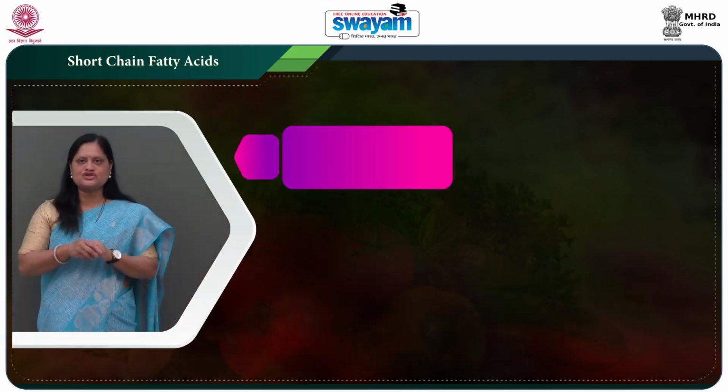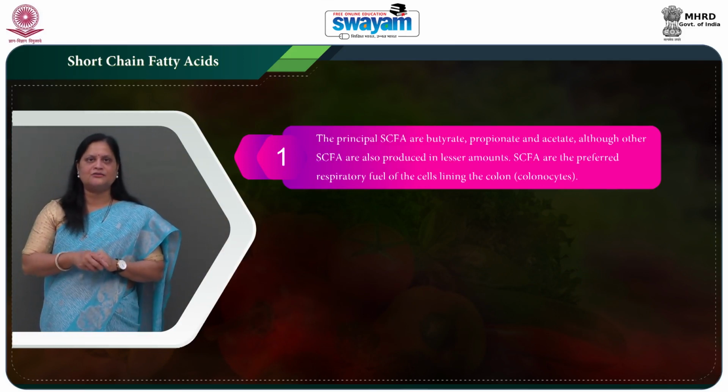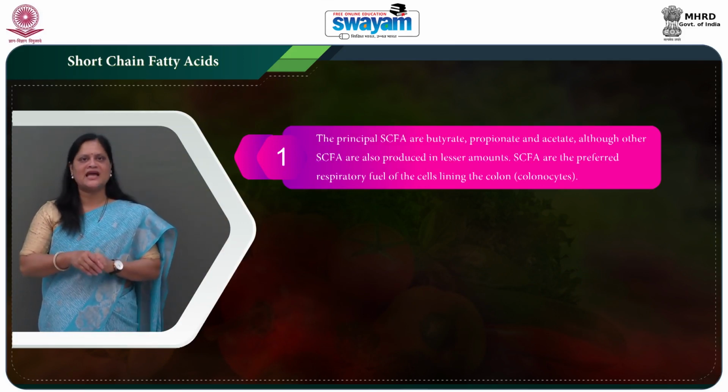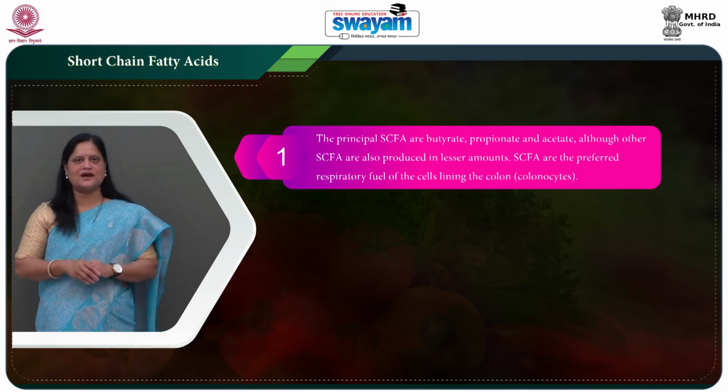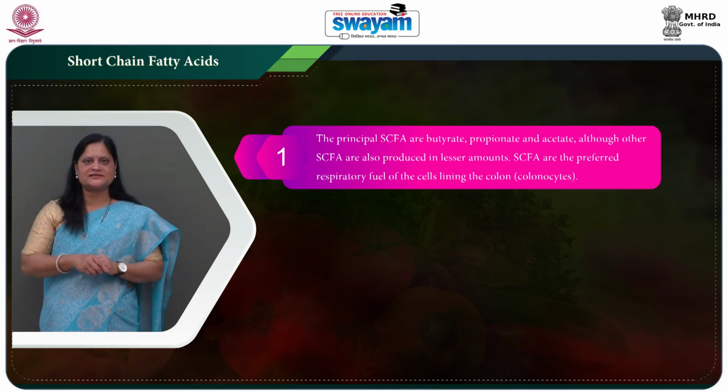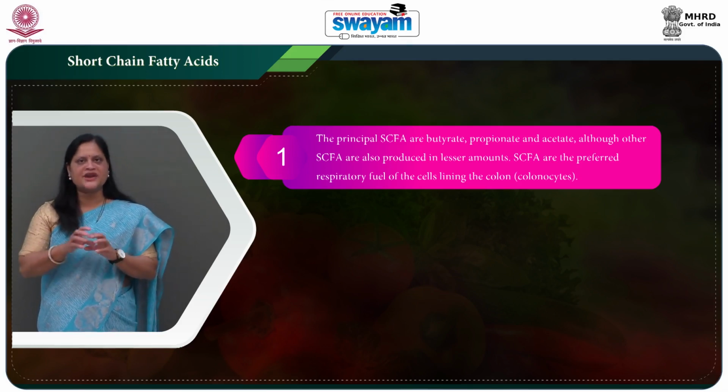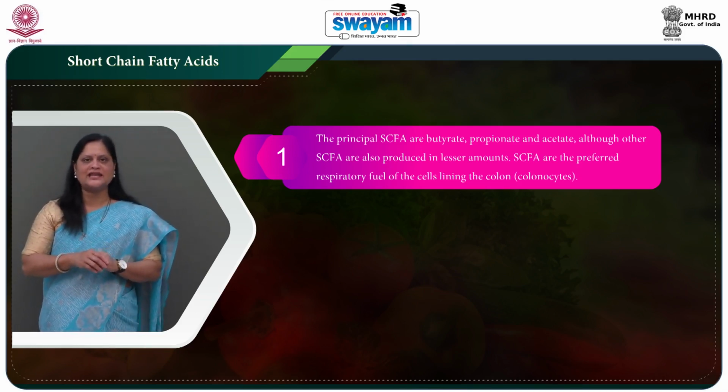The principal short-chain fatty acids are butyrate, propionate, and acetate, although other short-chain fatty acids are also produced in lesser amounts. Short-chain fatty acids are the preferred respiratory fuel of the cells lining the colon, called colonocytes.